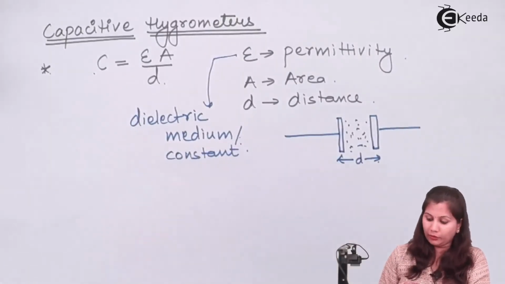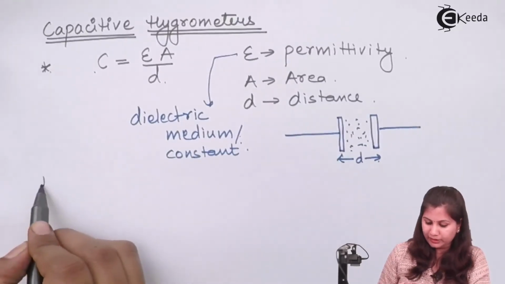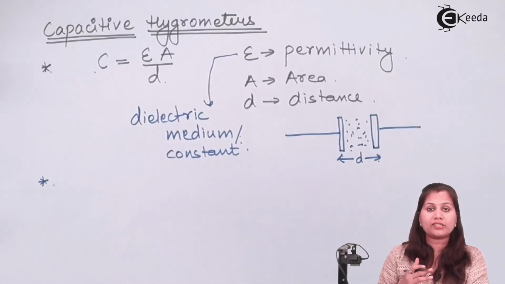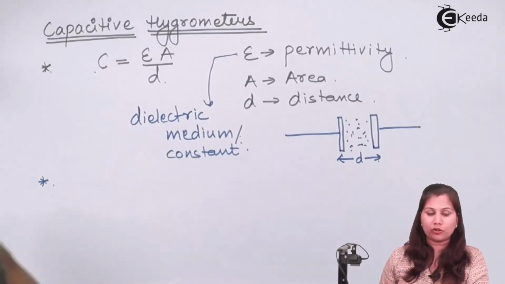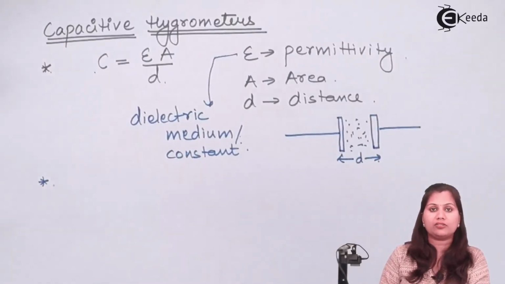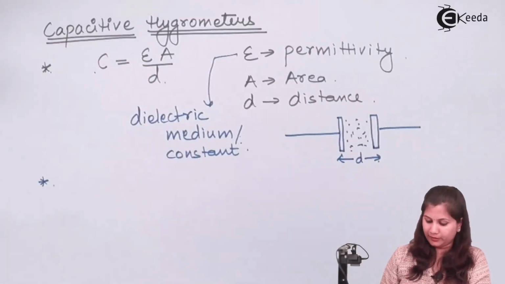Just like in the resistive hygrometers we use hygroscopic salts or materials which exhibit changes in resistance with change in humidity, there are also some hygroscopic materials which exhibit a change in the dielectric constant with the change in humidity. Such hygroscopic salts or materials are used for the construction of the capacitive hygrometers.